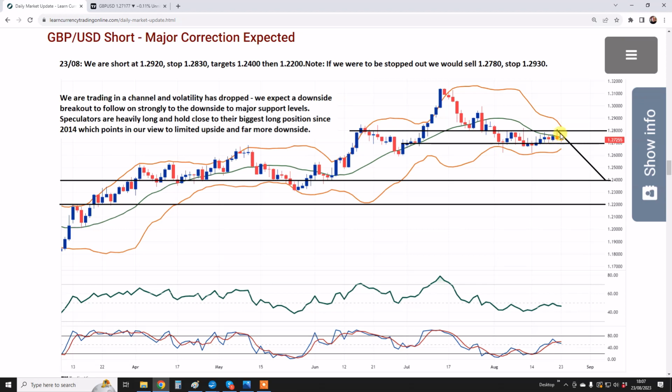Now, in our view, we felt or feel that we could get stopped out above 1.28. Okay, so we're in at 1.2920. We'll put a stop at 1.2830. Okay, so we're not going to make much if we get stopped out. It's just going to be 90 pips. However, if we're stopped out, we would just sell back through.